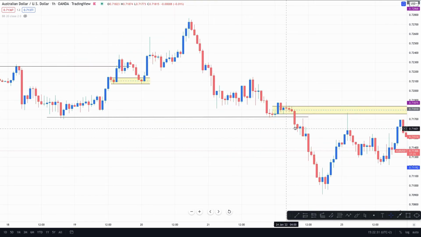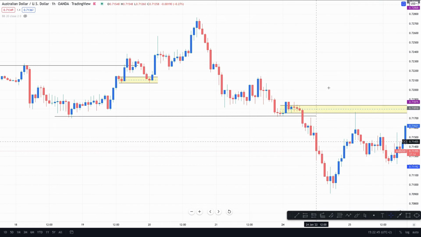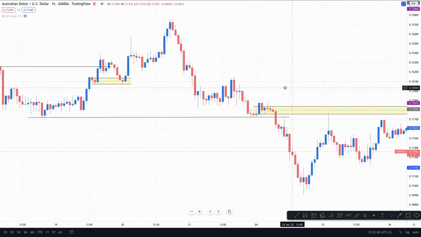This is a significant support line. Price did come down and bounce off it, and we are waiting for this area to break, which it did. Price broke to the downside quite impulsively, closing below the support line.